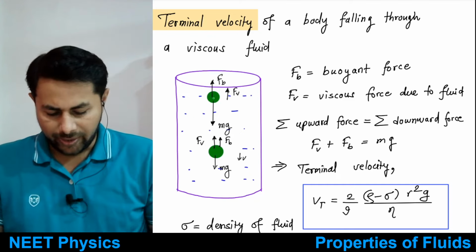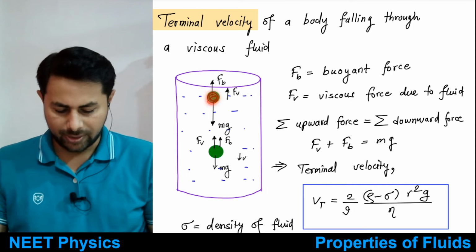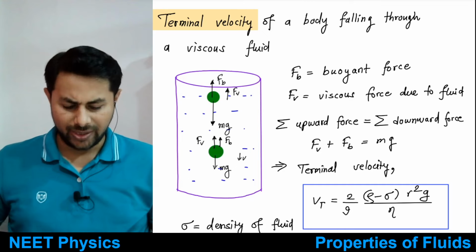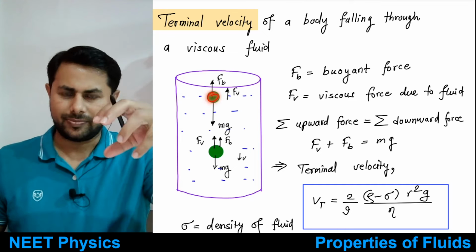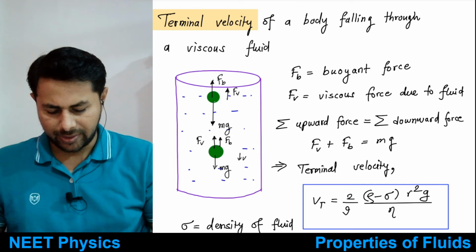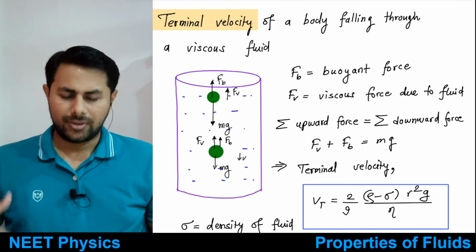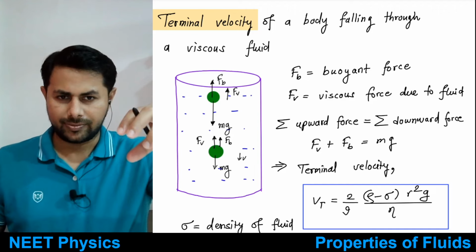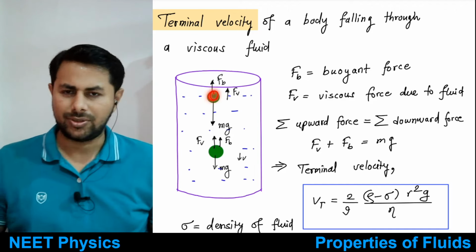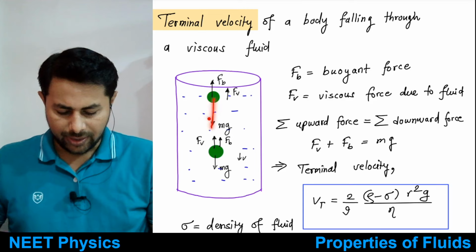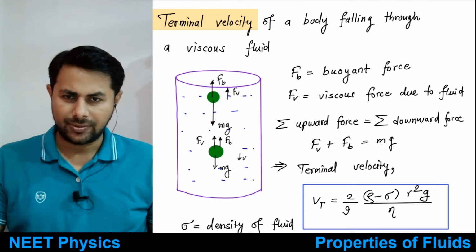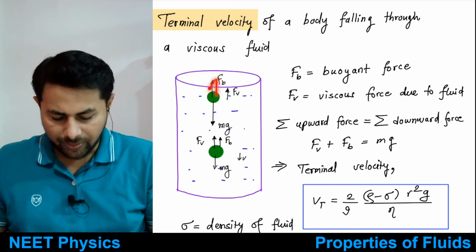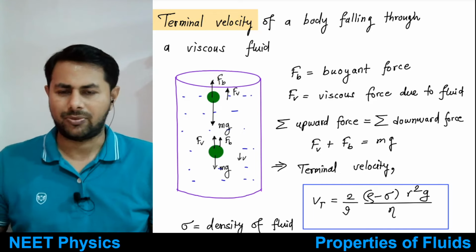So see, for example, suppose you have a very long cylinder filled with some fluid, and you drop a spherical ball in this fluid. Initially when you drop it, its speed would be 0. Then there is some gravitational force acting on it, and at the moment you release it, there is a buoyant force due to the fluid acting upwards, right?